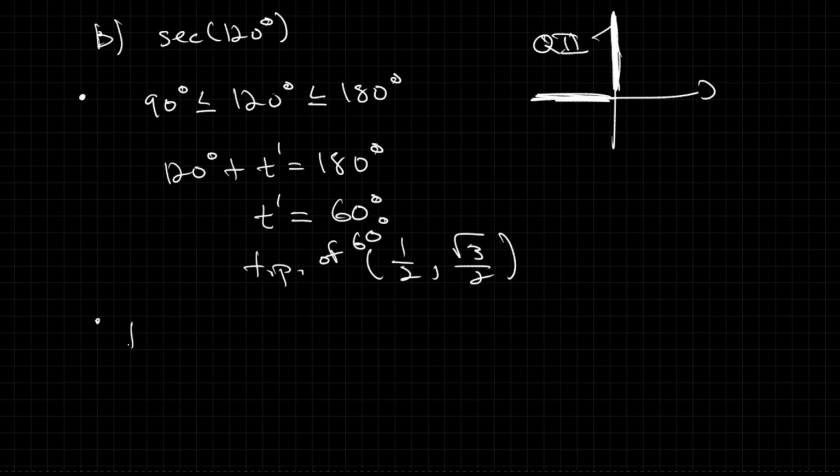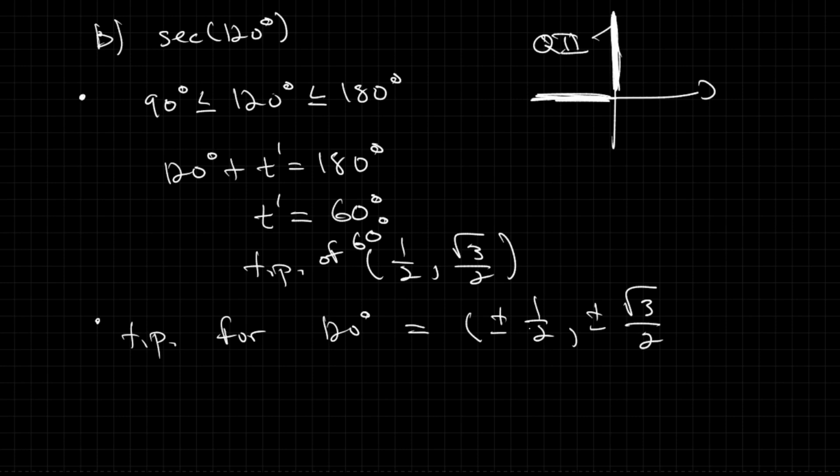And thus the terminal point for 120 degrees is equal to, again, plus or minus 1/2 comma plus or minus root 3 over 2. And again, in quadrant 2, the x-coordinate is negative, the y-coordinate is positive. And so finally we have the terminal point for 120 degrees, and we can figure out what secant of 120 degrees is.